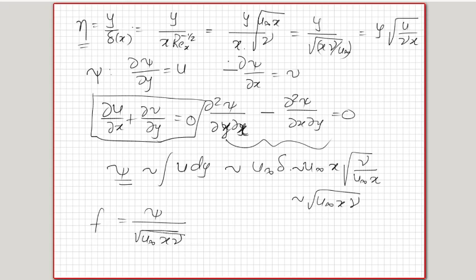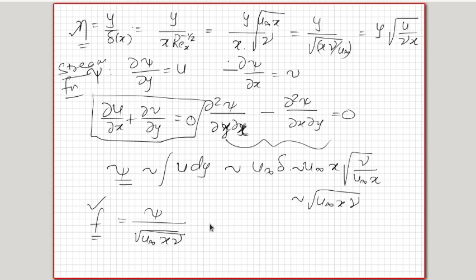Okay, so now if I use these two variables, that is f and η, I'll be able to unify both u and v into the function f, because through ψ I'll be able to do that using this definition of ψ, that is the stream function. ψ is called the stream function. Okay, so f is nothing but a non-dimensional stream function which is normalized with respect to the square root of u∞ x ν. Okay, so this is again a function of x.